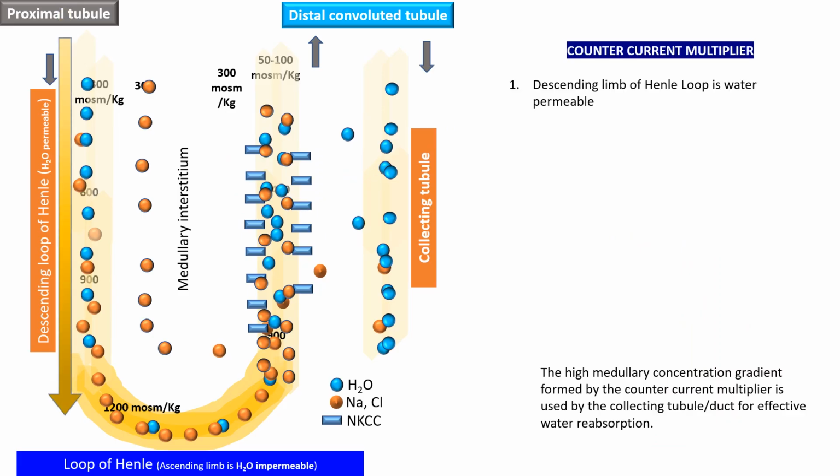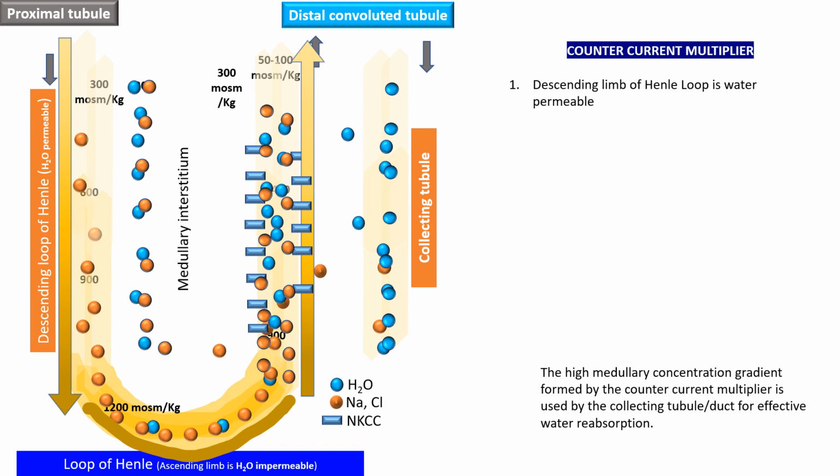The thin descending limb of Henle loop is permeable to water. Water leaks out into the medullary interstitium. This process leads to increased tonicity within the lumen of the thin descending limb. The descending limb then loops back into the thick ascending limb.